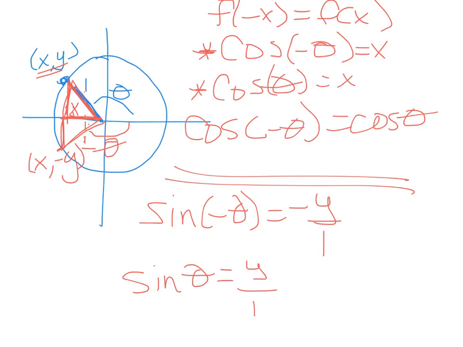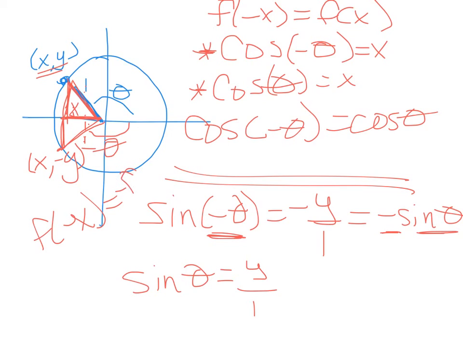So this is equal to the opposite of sine of theta. If I put in the opposite of theta, I get out the opposite of the function. If you remember what an odd function was, if I put in the opposite of x, I should get the opposite of the whole function out, negative f of x. And that's exactly what happened. So hopefully that's a quick explanation of why.